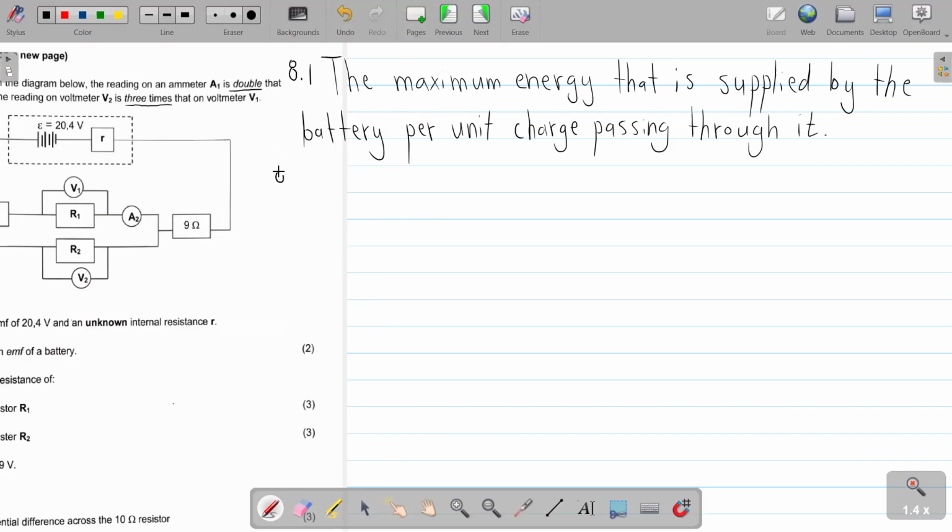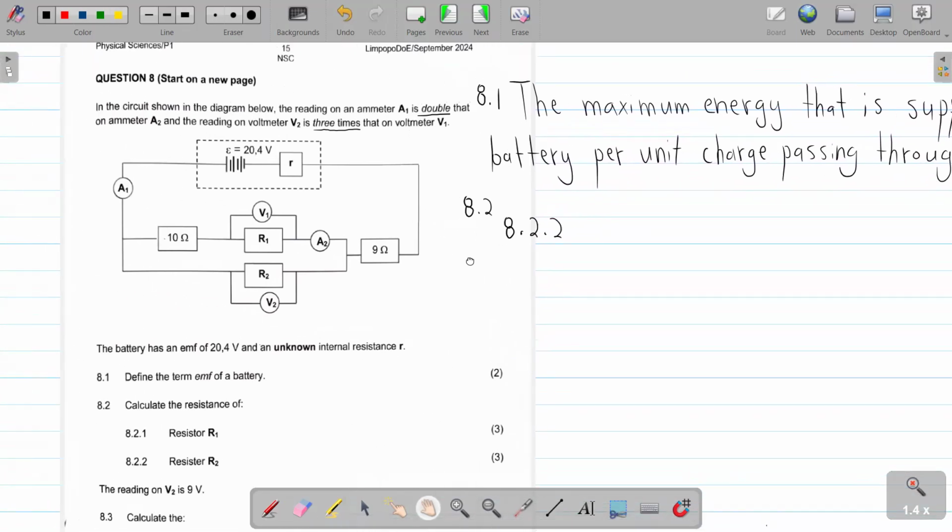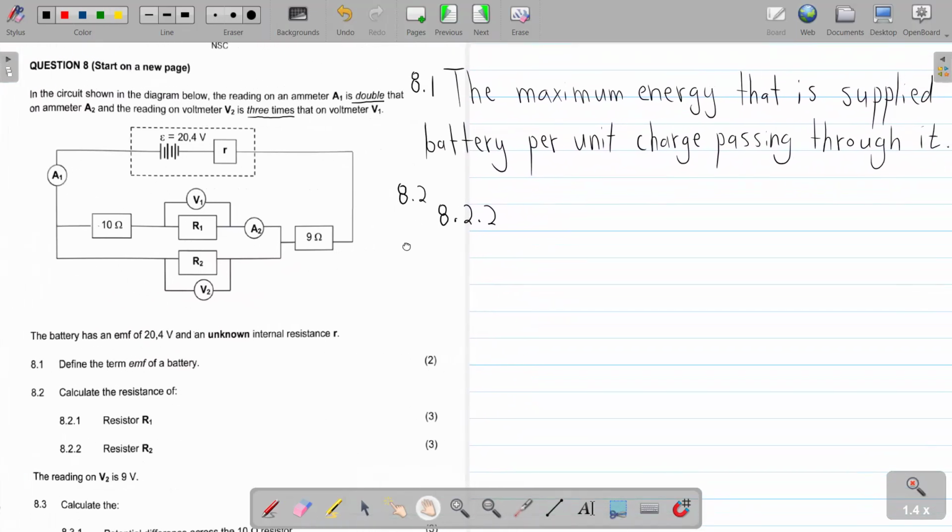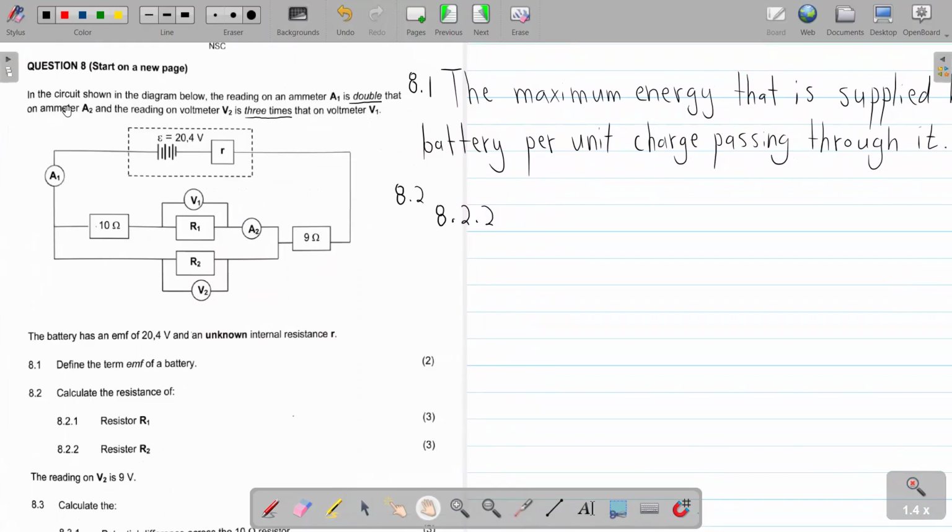Now the other questions begin from 8.2. So let us read the question. Okay. What does it say? In the circuit shown in the diagram below, the reading on the ammeter A1 is double that on the ammeter A2, and the reading on voltmeter V2 is 3 times that on V1.